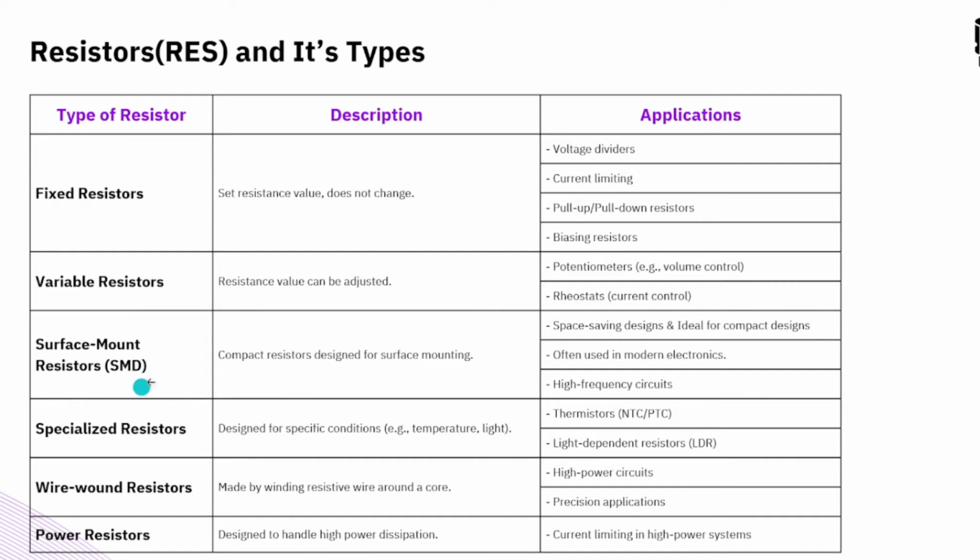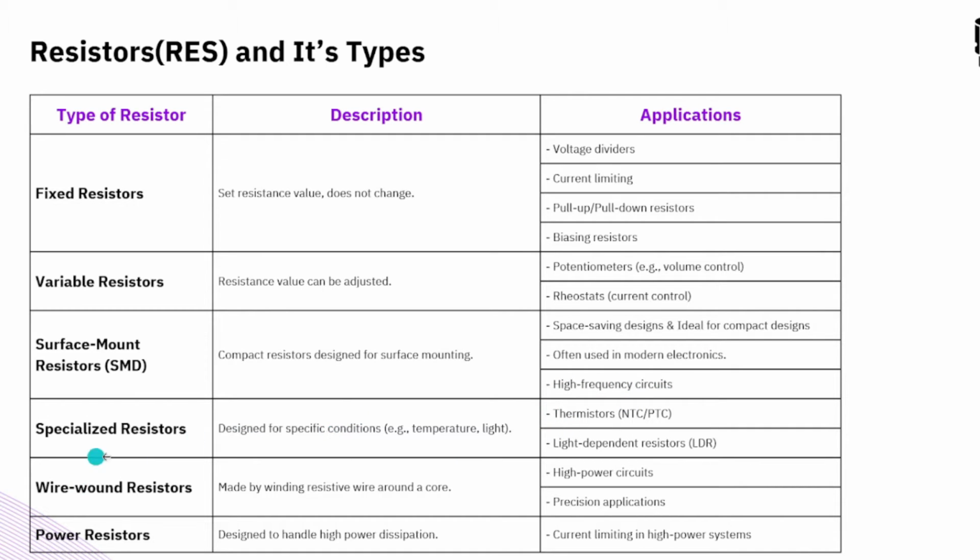The most common ones for the PCBs are the surface mount resistors. The applications remain the same, but they are also used for space saving, are ideal for compact design, are often used in modern electronics, and are used for high frequency circuits.